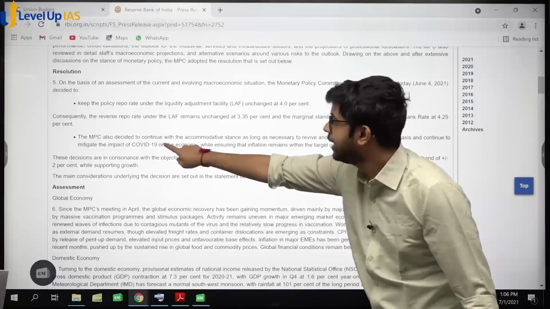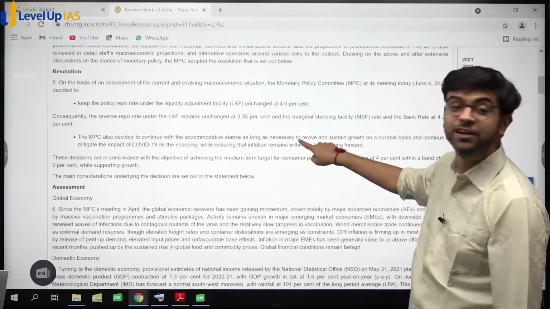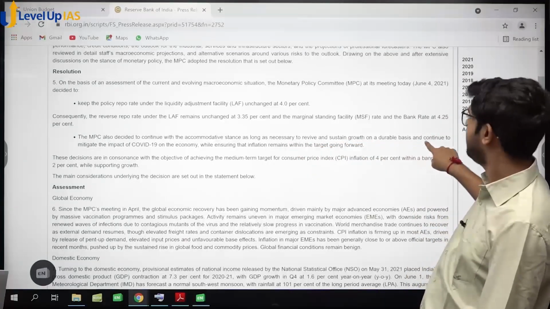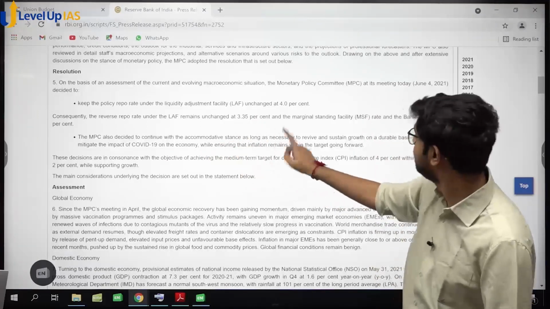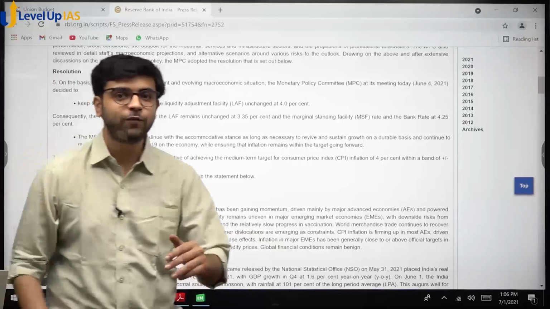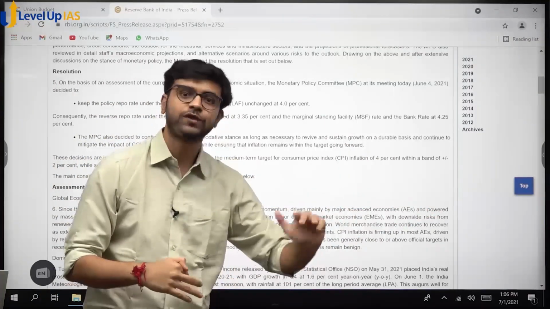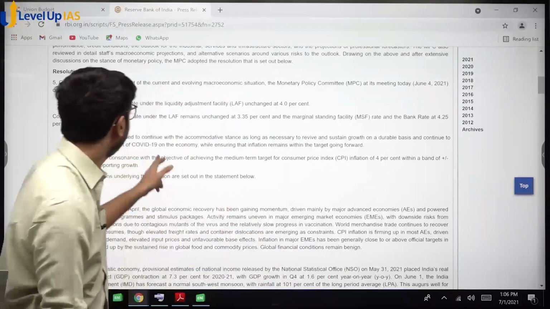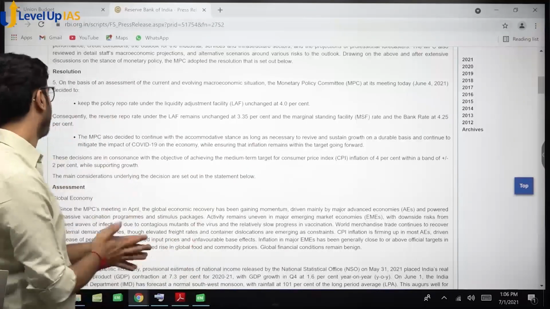MPC also decided to continue with the accommodative stance as long as necessary, to revive and sustain growth on a durable basis and continue to mitigate the impact of COVID while ensuring that inflation remains within target going forward. Twin goals, no? You have to ensure growth also, but you have to remain within target. So if currently it is 4%, they are saying we can go to 6% also. So we are having an accommodative stance. Understood?